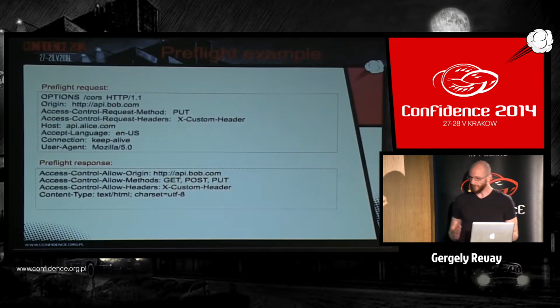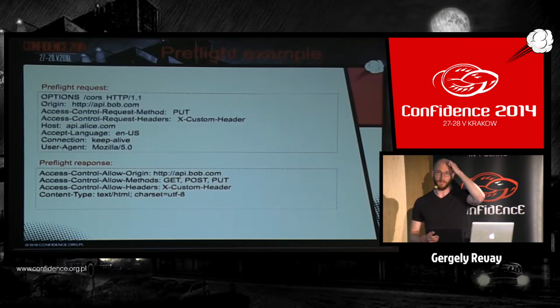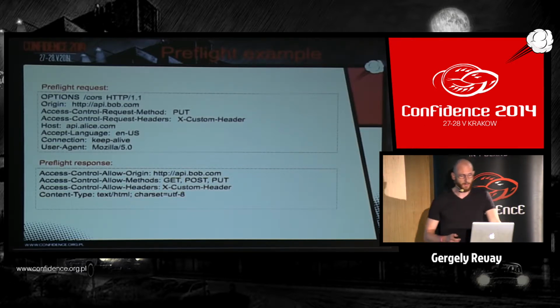And then do whatever you wanted with that. The pre-flight request looks a bit complicated at first, or at least it looked so to me. But it's not that bad, actually. This is a pre-flight request. It's always an OPTIONS request. And there is an Origin header. We always have an Origin header if we talk about CORS, because that's the way to tell the server that this request is coming from a different origin.